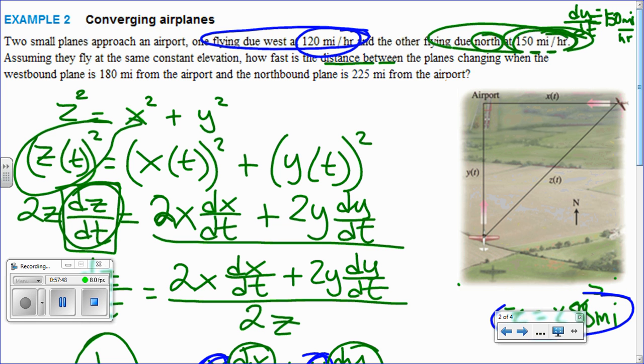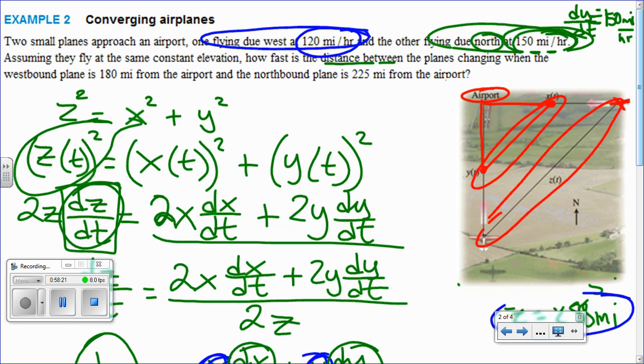Let's assume that the airport is still there, but let's assume this airplane right here is here now. I'm pretty much just cutting the distance like that. And let's assume this airplane is here now. And so as the two airplanes get closer to the airport, they also are getting closer to themselves, because that distance is smaller than this one here.